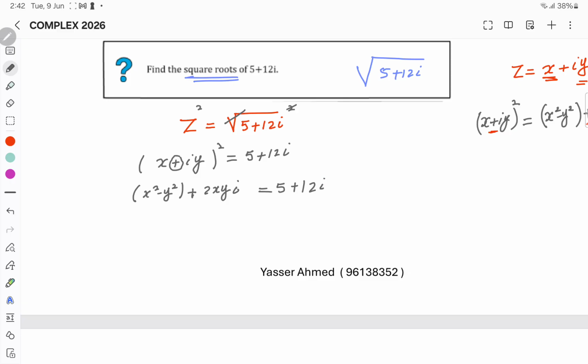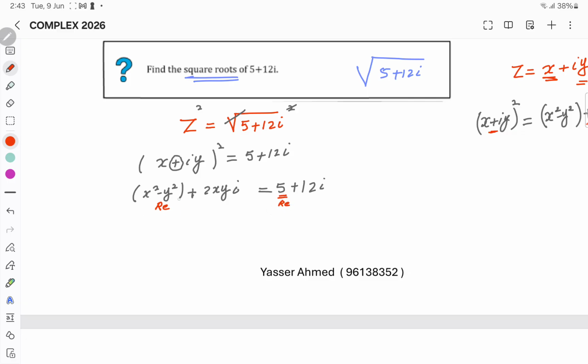It's important to note that two complex numbers are equal if and only if both the real and the imaginary parts are identical. Real parts are equal and imaginary parts are equal. So we equate the real parts on both sides.